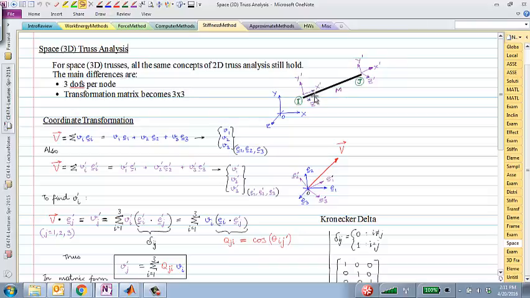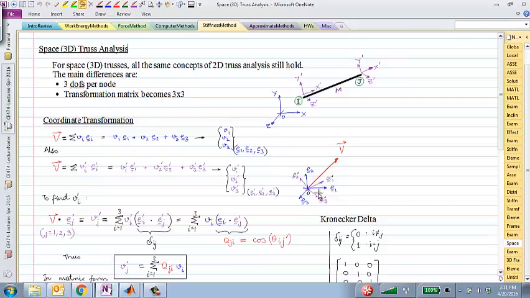To convert a vector v, which again is a physical quantity, it does not depend upon a coordinate system. This vector v can be expressed in both coordinate systems. It can be expressed in the global x, y, z, and in the local x prime, y prime, z prime directions.